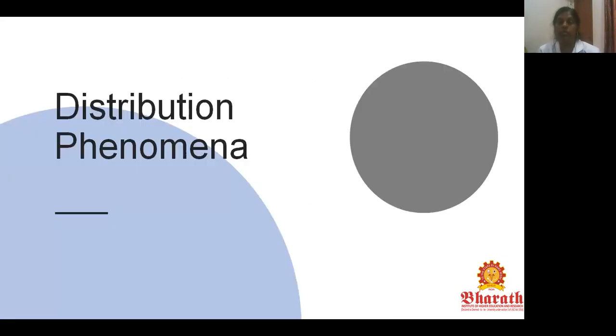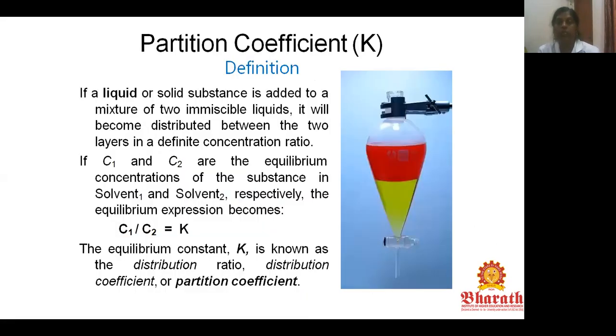These are the solubility phenomena. Now we are going to see the distribution phenomena. Distribution phenomena can be explained by the partition coefficient K. If a liquid or solid substance is added to a mixture of two immiscible liquids, it will become distributed between the two layers in a definite concentration ratio.